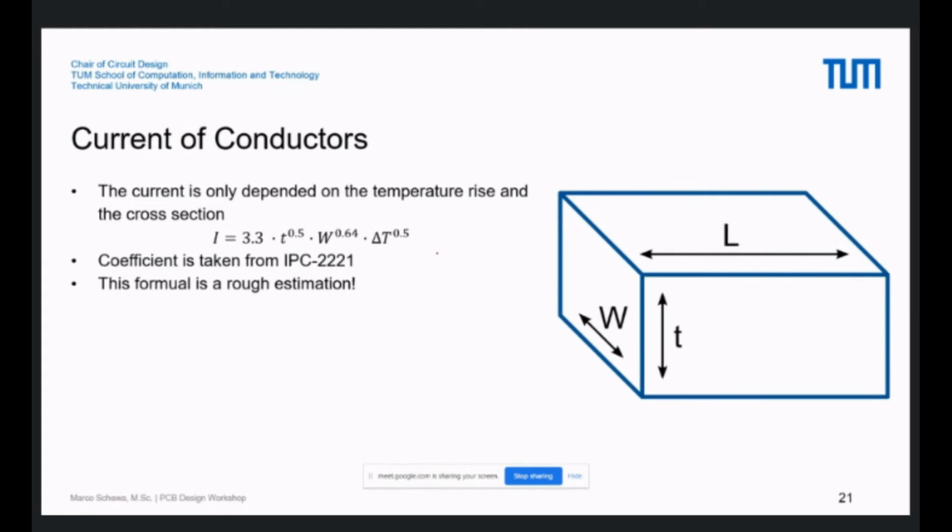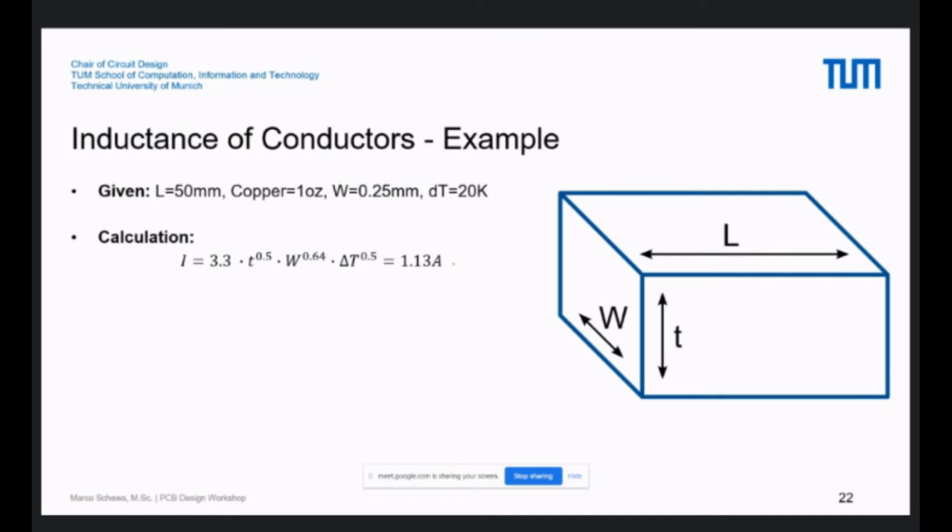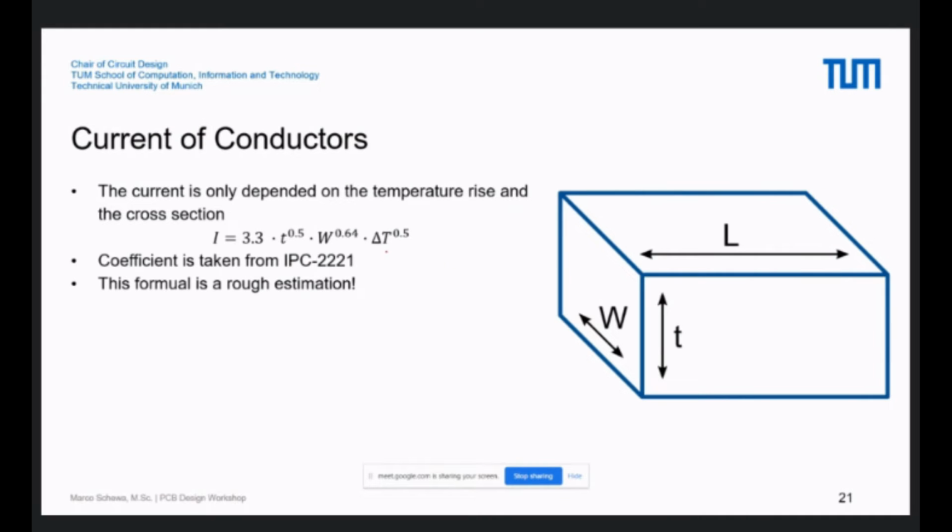And of course, you can also calculate then your current. So you have to decide what are my width and what is my height of the traces to reach some currents. And this formula is a very rough estimation. That means that's the maximum current that you can reach with such a conductor. And these values are taken from IPC 2221.